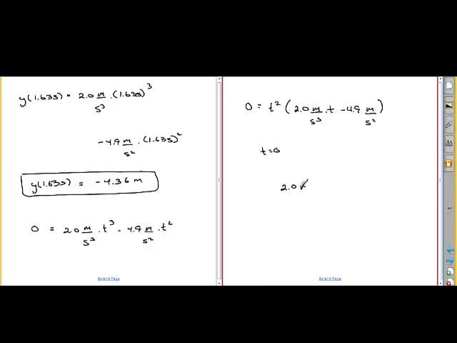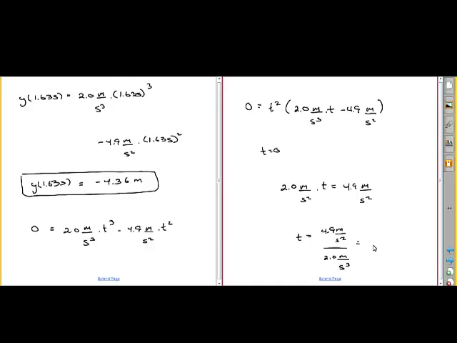And then the other one is where this goes to 0. So again, like we did before, to save one step, I'm just going to set this equal to 0, move that to the other side. You get 4.9 meters per second squared. Solve for t by dividing 4.9 meters per second squared by 2.0 meters per second cubed.